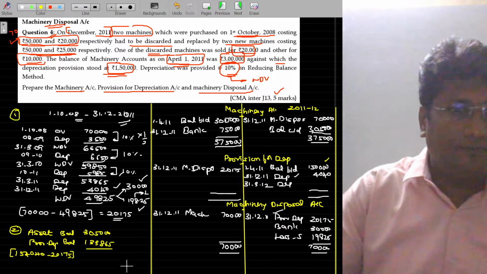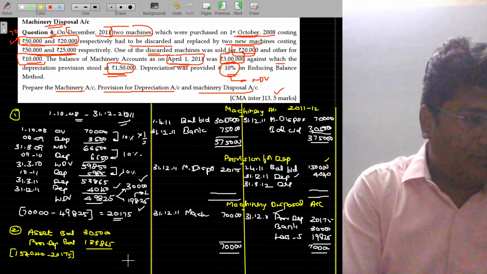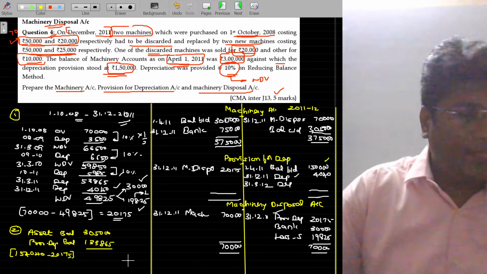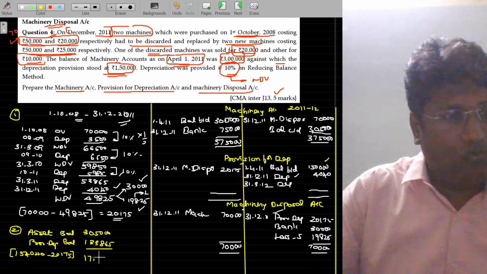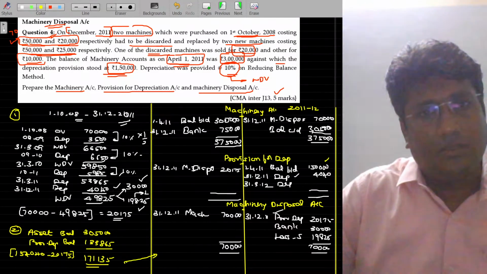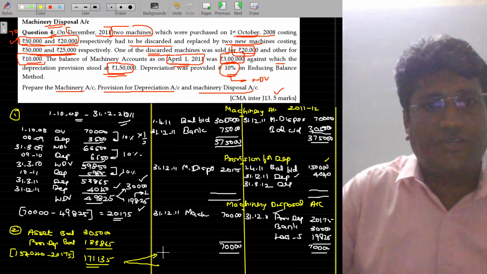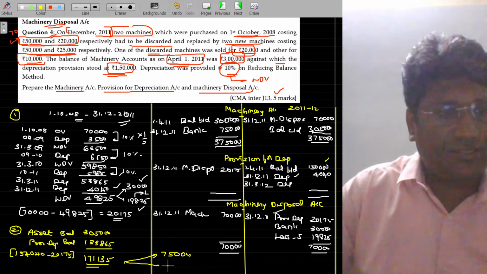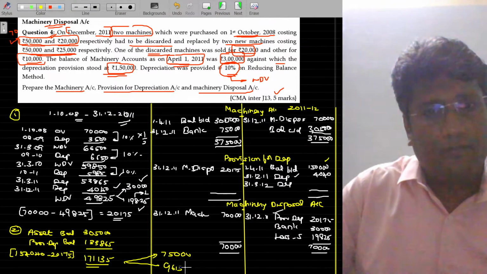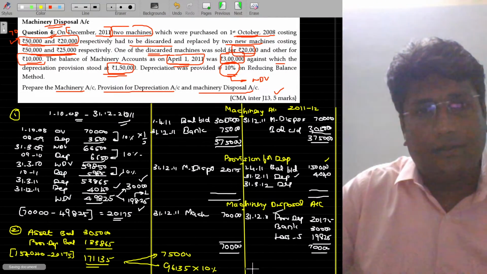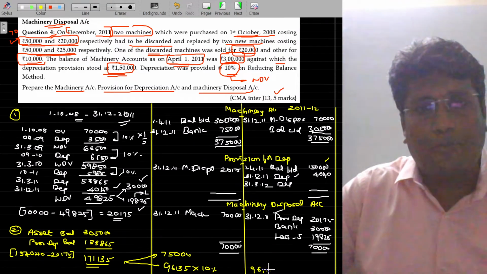Now, what is the value here? 3,05,000 minus 1,33,865 is 1,71,135. In this, the newly purchased asset being 75,000, the balance being the existing asset 96,135. The existing asset will be depreciated at the usual 10% rate, 9,614.